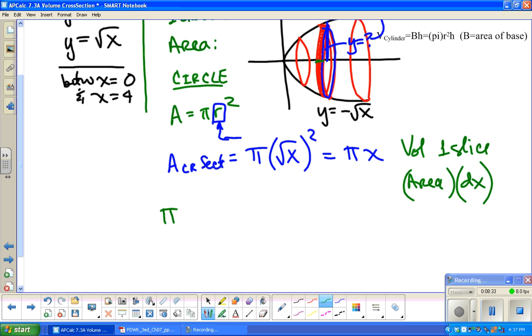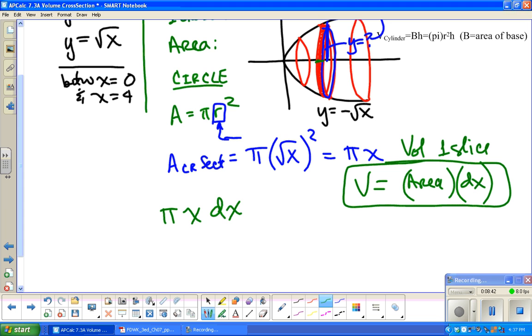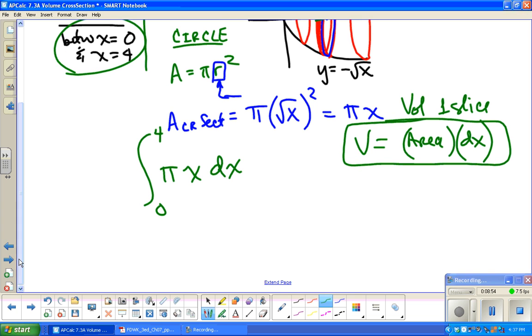So the area of one cross section times the thickness is now the volume of one slice. And we're going to add up all the slices, from the x value 0 to the x value 4. This is going to find the volume for that whole cone-ish kind of shape.